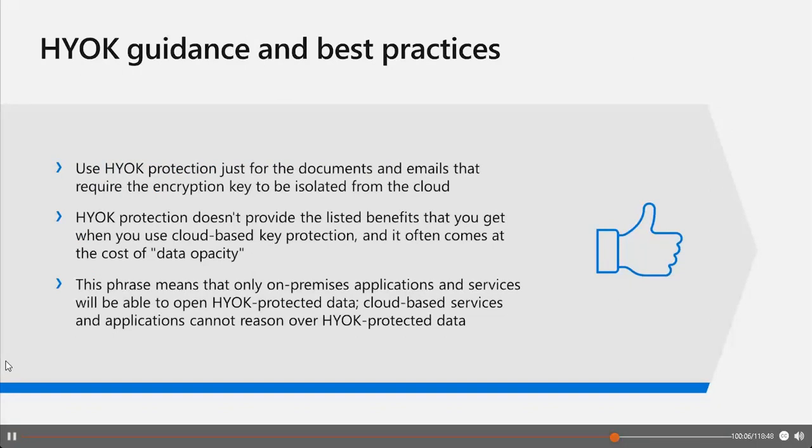Do you really have a requirement for hold your own key? This is the main question you should ask yourself. On the other side, use hold your own key protection really just for the documents and emails that require this encryption level to be isolated from the cloud itself. On the other hand, hold your own key protection really doesn't provide the listed benefits, as I already mentioned before. So about the tracking, about the revoking feature sets and all of that stuff.